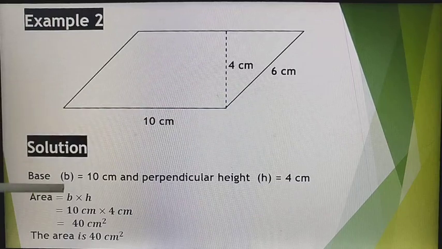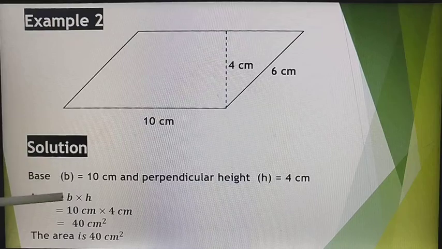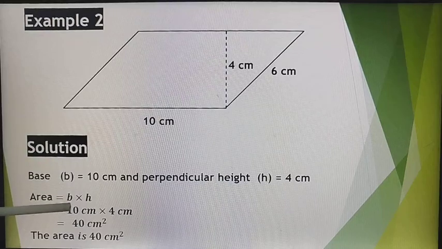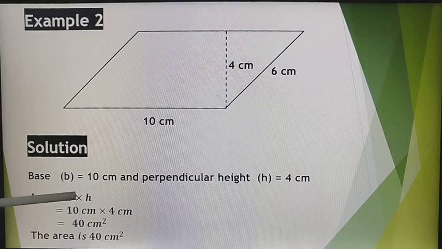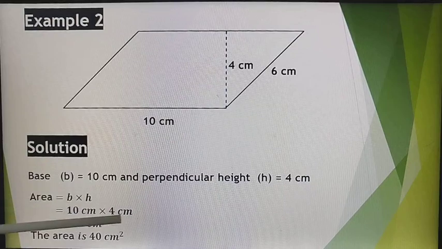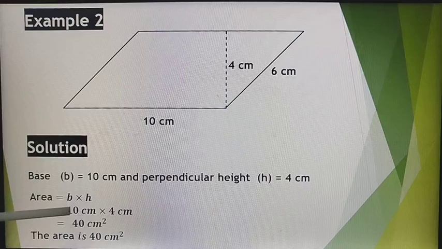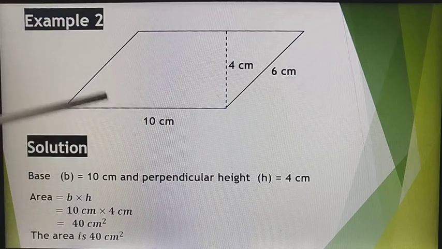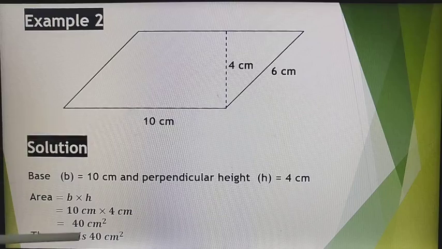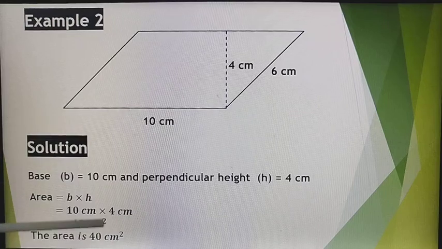So we're going to plug in the values and see what we get. The base is 10 centimeters and then the height is 4 centimeters. When you multiply 10 by 4, it is going to give us 40. So the area of this parallelogram is 40 centimeters squared.